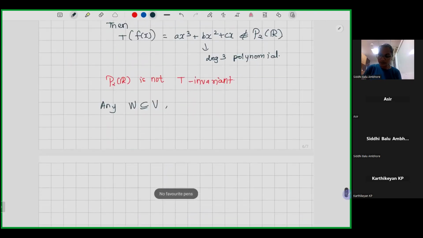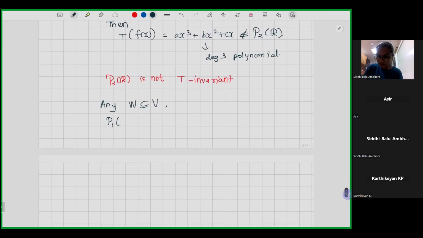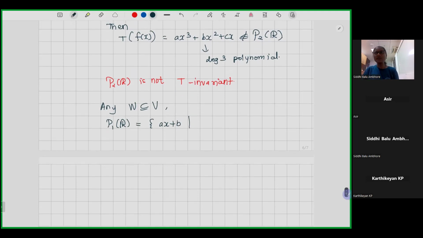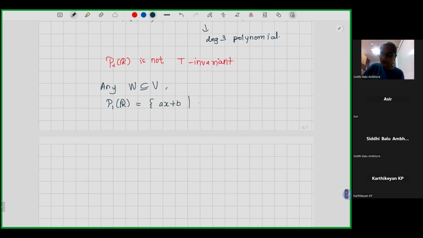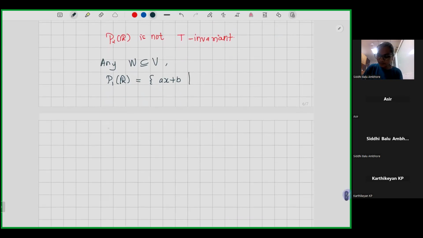So ax + b is P1(R), right? Then it is a subspace. But is it invariant? If you take f(x), T of f(x) will be x into (ax + b), so it will be ax² + bx. Still it is in P2.